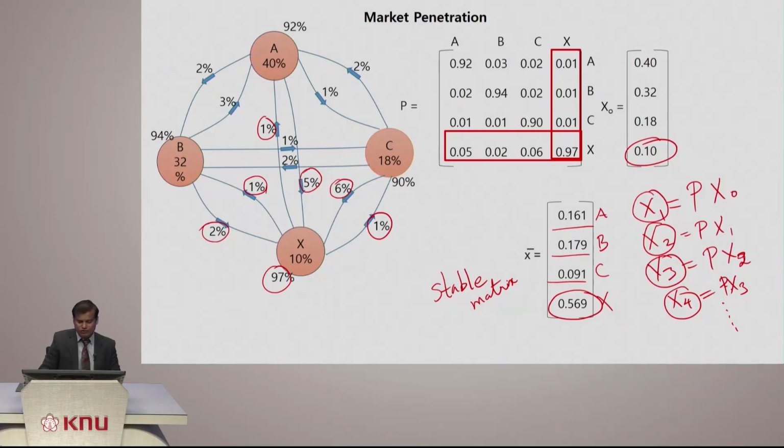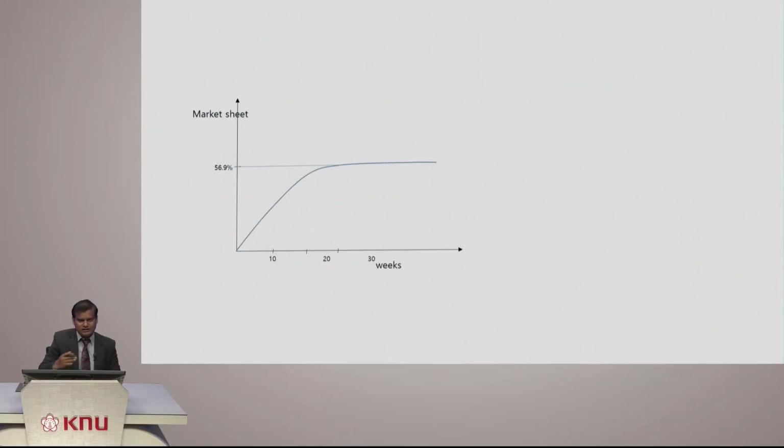But as I told you before, after a certain period of time it doesn't increase. So here is the market share. In fact, you could call it market share. After several weeks, and here we will consider it as weeks, probably after say 15 weeks, it has almost reached its peak. Around 20 weeks, it has reached stability.